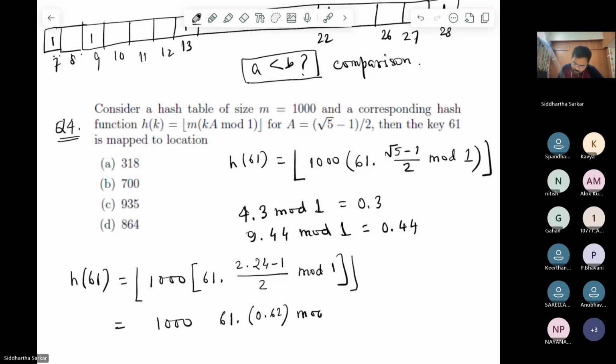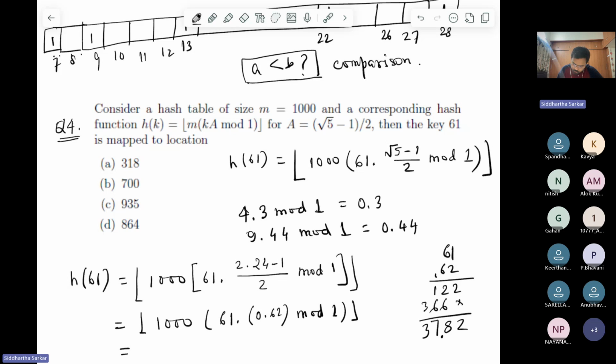Mod 1, take the floor. Now 61 times 0.62 is 37.82.